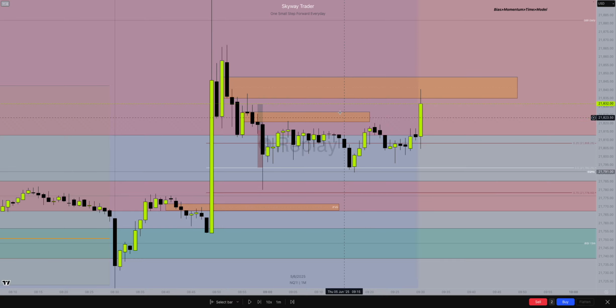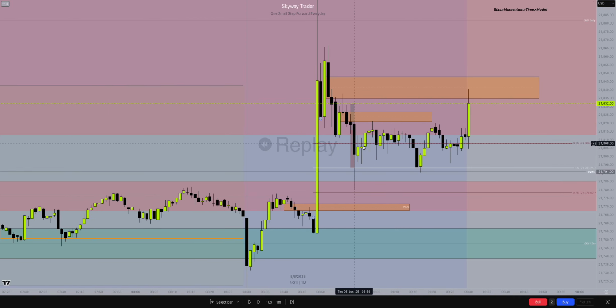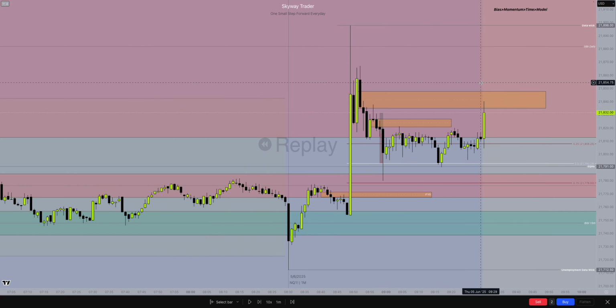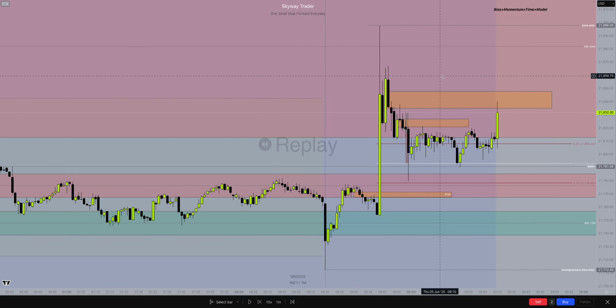And so again, at this point in time, after I've gone down and we're chopping, I don't have a clear bias. Technically we're in this SIBI, this daily SIBI, and from here this is a major area of liquidity. We've created a data wick.